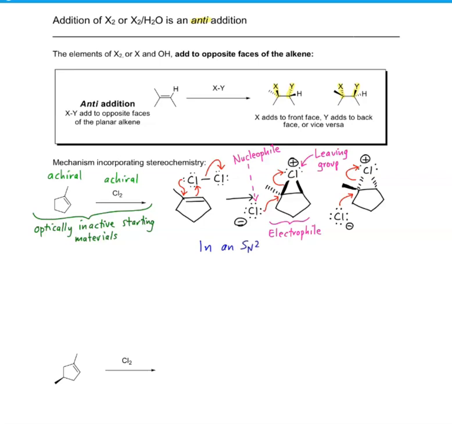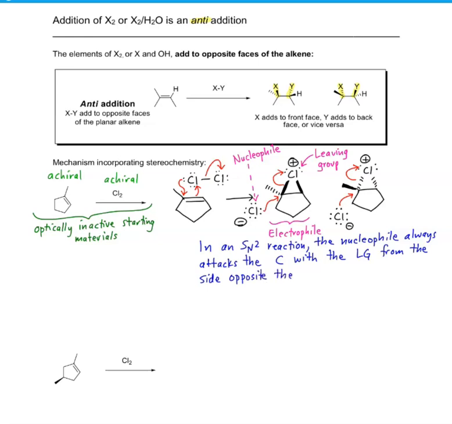In an SN2 reaction, the nucleophile always attacks the carbon with the leaving group from the side opposite the carbon leaving group bond.